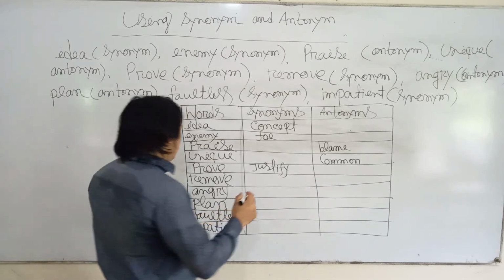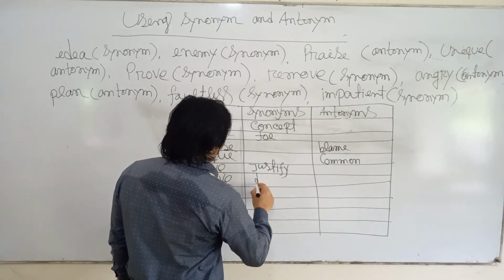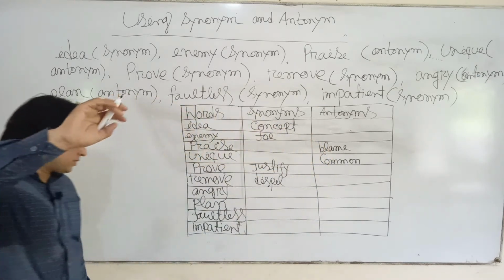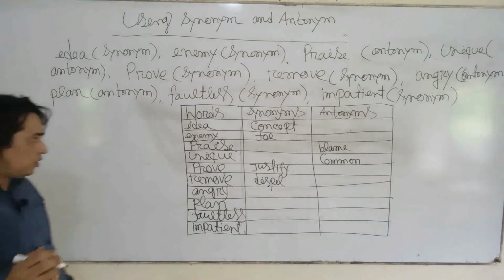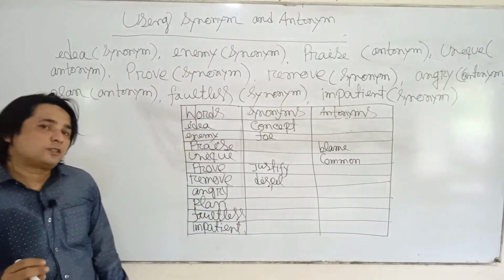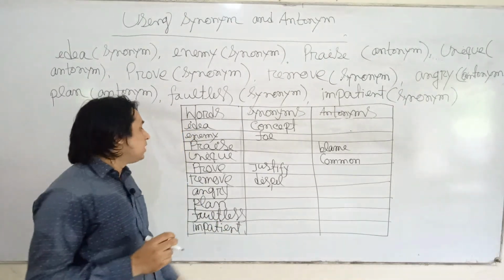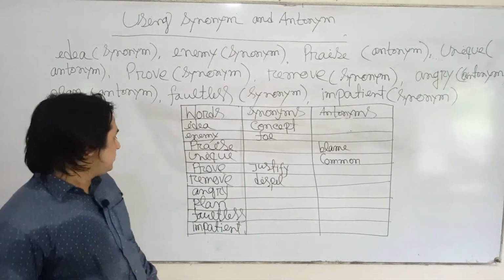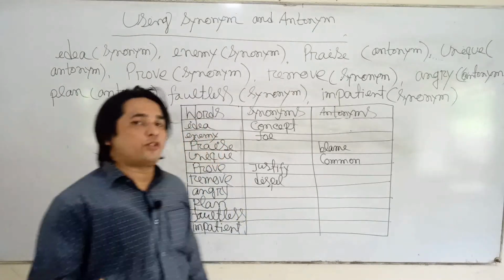So a suitable synonym will be dispel. Sometimes we say we should remove the darkness of ignorance from our country, or we may say we should dispel the darkness of ignorance from our country.